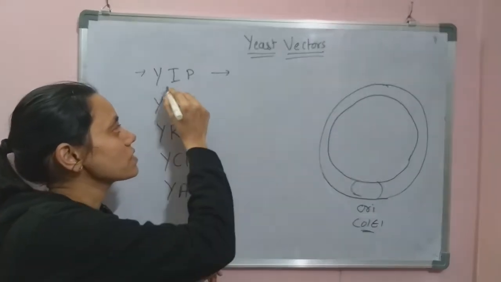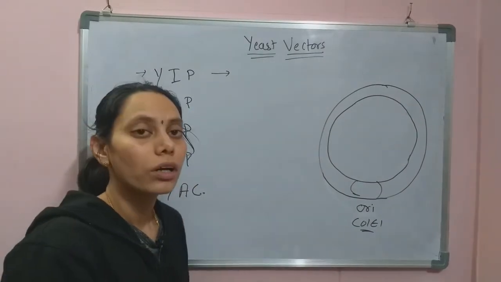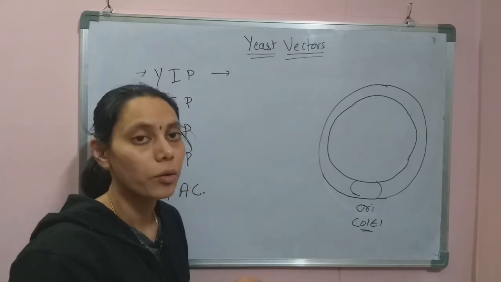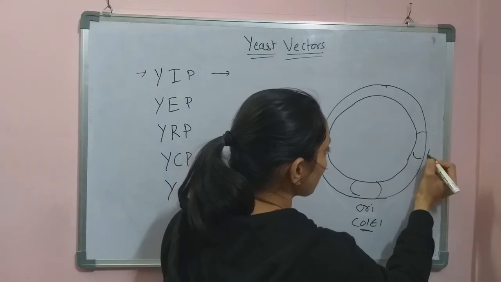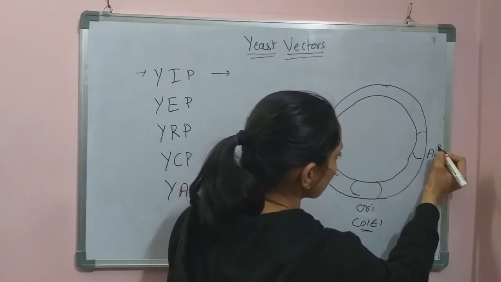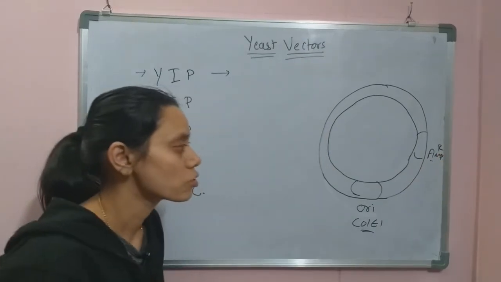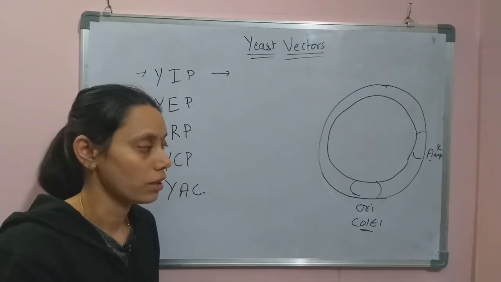So these plasmids are able to replicate inside the bacteria, and they also have selectable markers like ampicillin resistance to select them inside the E. coli cell.